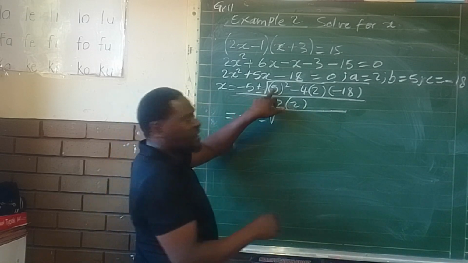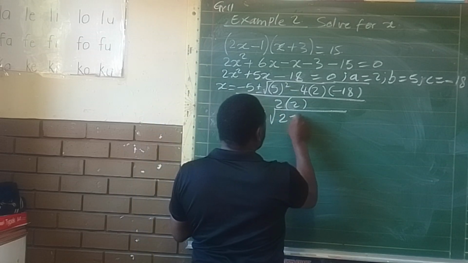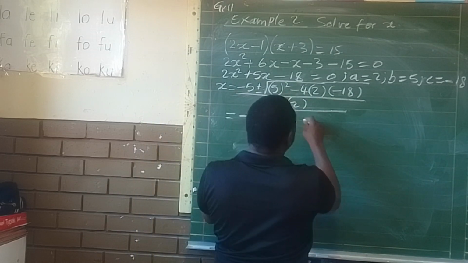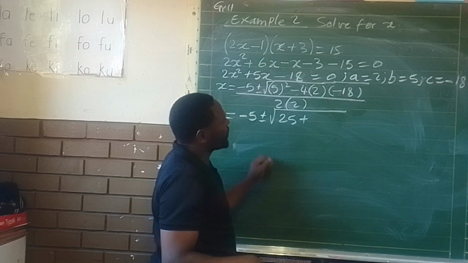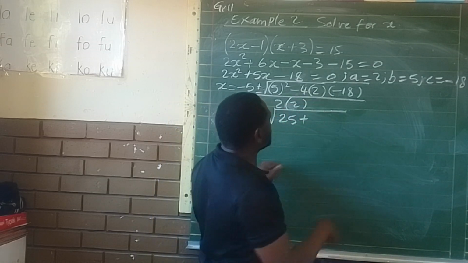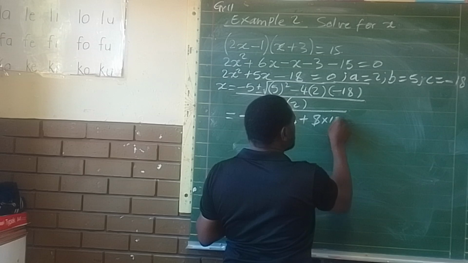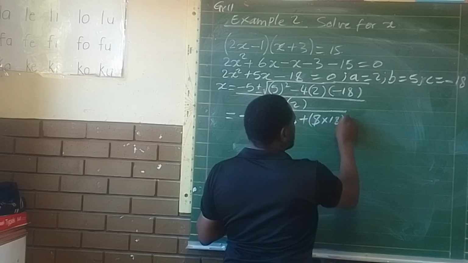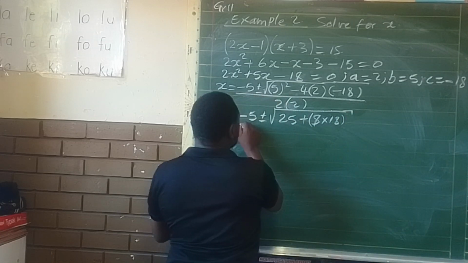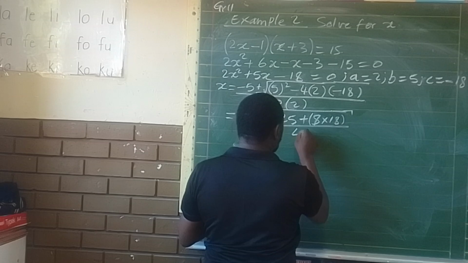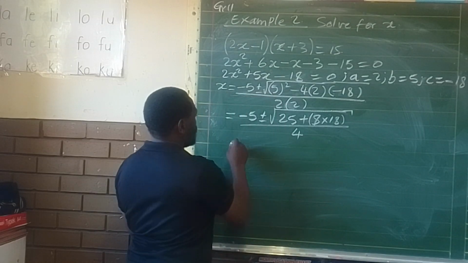Punch 5 squared, you're going to get 25. A negative times negative is positive. 4 times 2 is 8. 8 multiplied by 18. 8 times 18 over 2 times 2 is 4. Right?